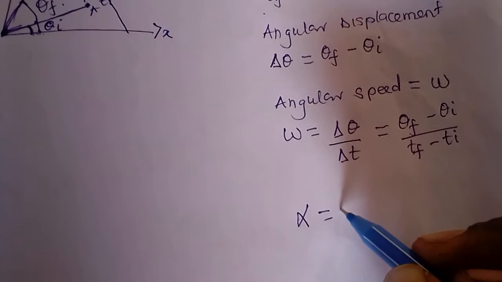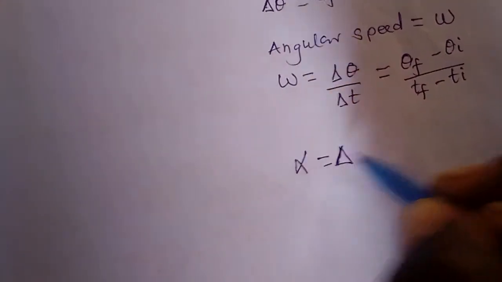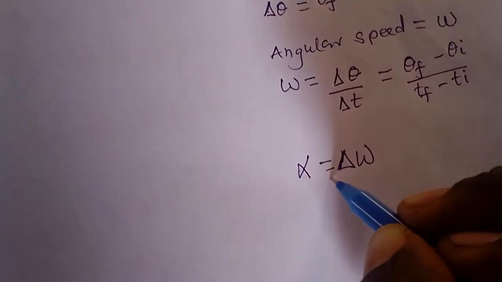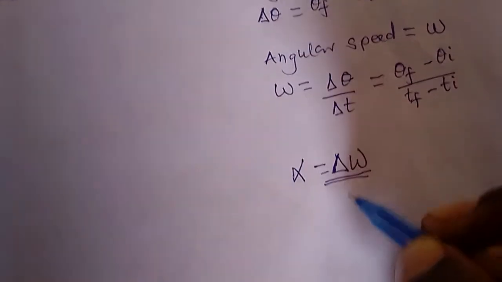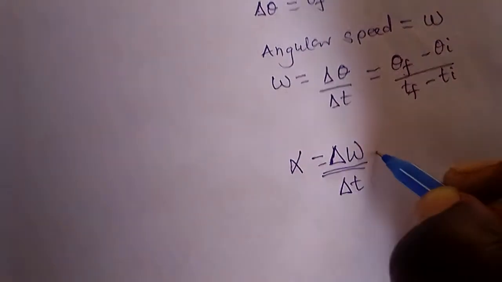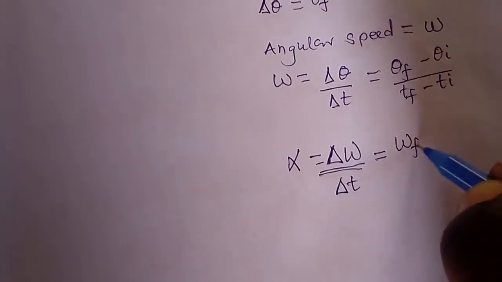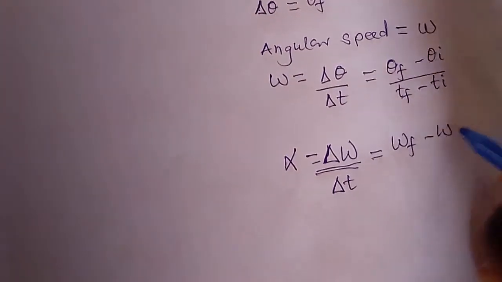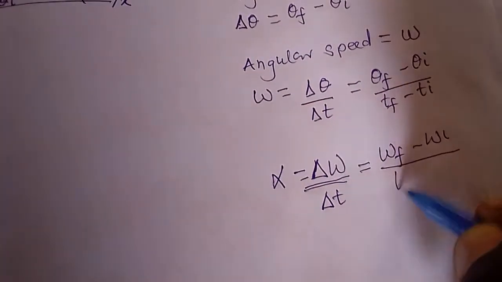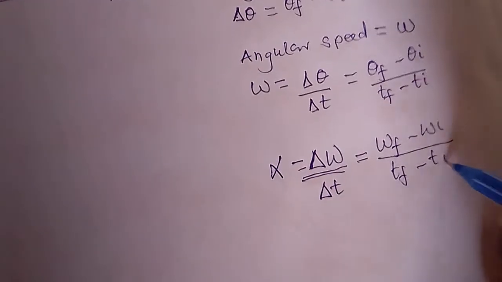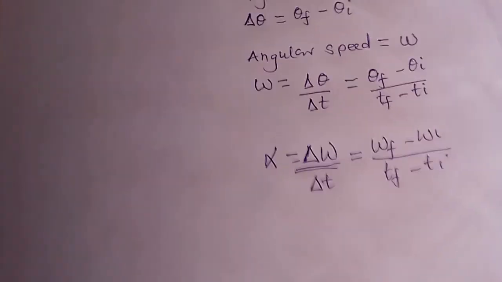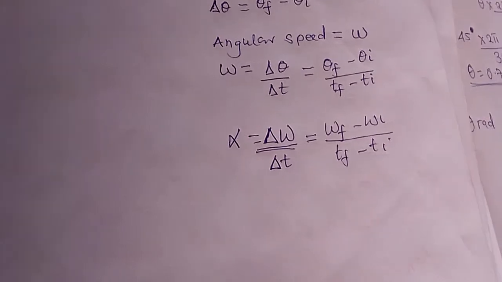So we are going to have the change in angular speed divided by the change in time, which is going to give us omega final minus omega initial divided by t final minus t initial.